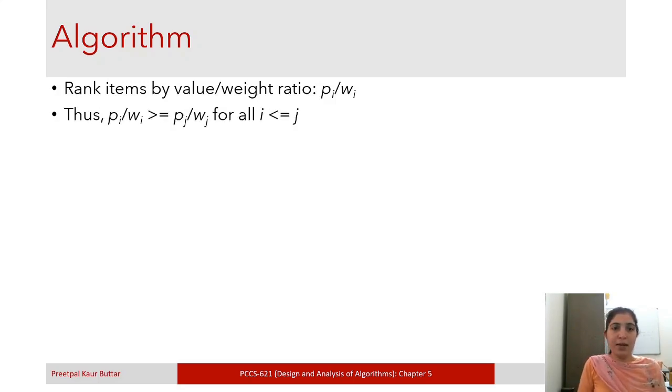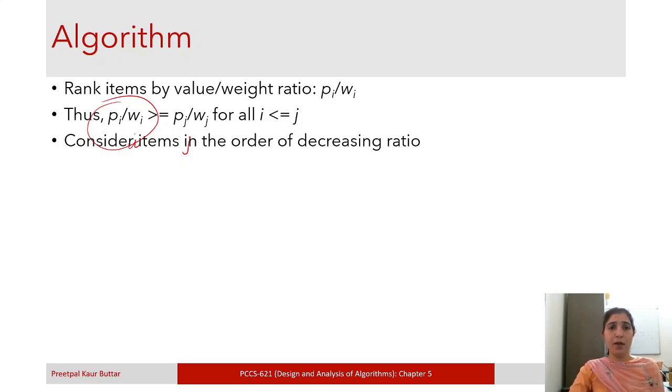It means that if there is an item I and another item J, then PI by WI of item I is greater than or equal to PJ by WJ of item J for all I less than J. So all the items at the beginning of your list have a higher PI by WI ratio than the items later in your list.